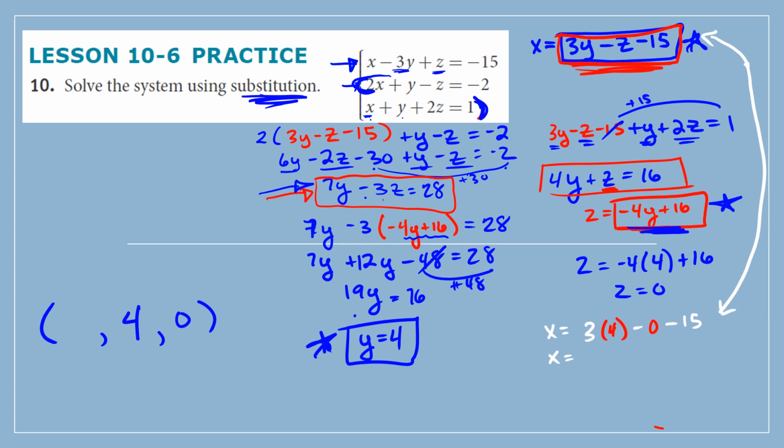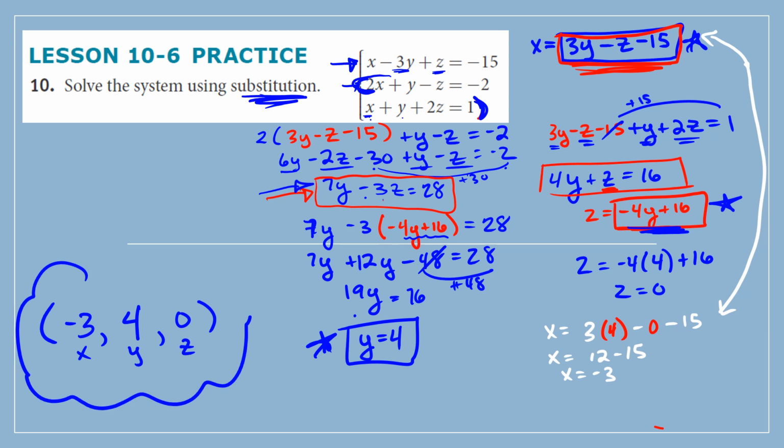So x equals 12 minus 0, which is nothing, minus 15. So x equals negative 3. So now we've got our final piece to the puzzle. Negative 3, 4, and 0 is the ordered triple solution to this system using substitution.